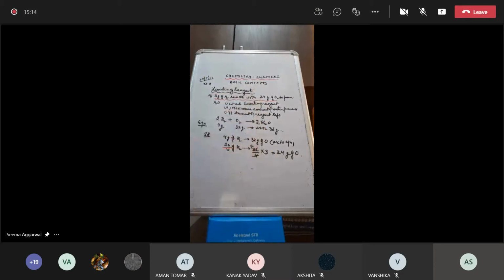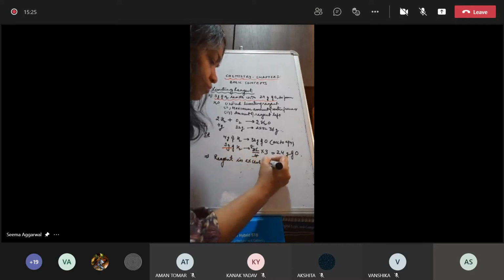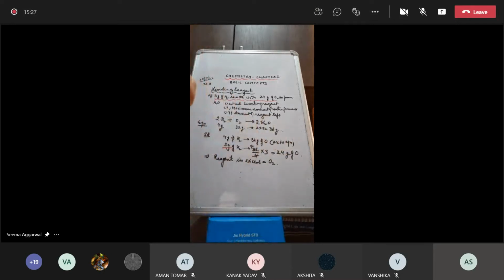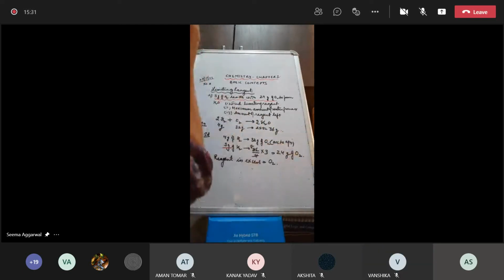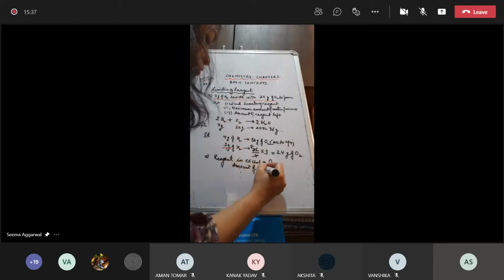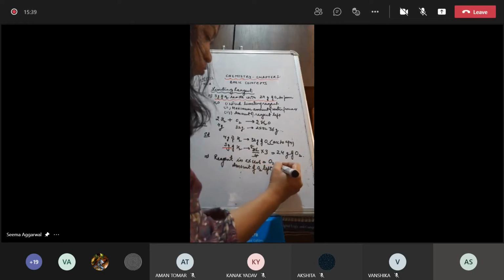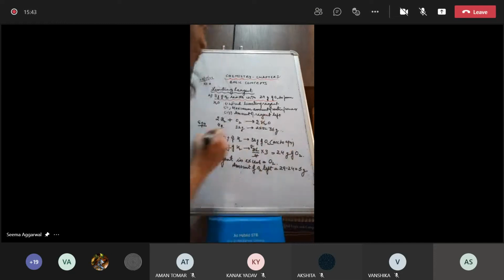But it is given as 29 grams. So it means that the reagent in excess is oxygen. Now what is the amount of oxygen left? Amount of O2 left will be 29 minus 24, which is equal to 5 grams of oxygen.